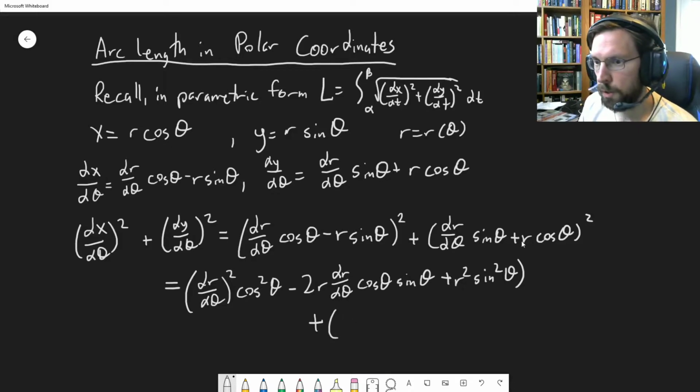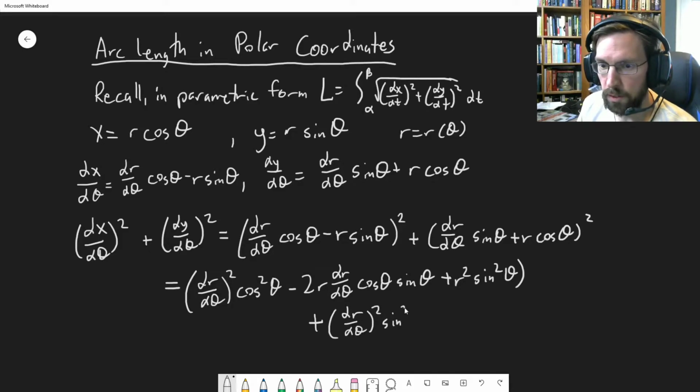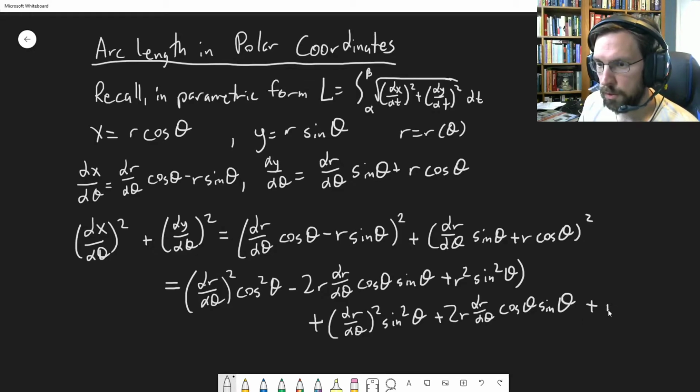Plus, let's FOIL out the second term. Then we're going to take (dr/d theta) squared sine squared theta, plus 2 r dr/d theta cosine theta sine theta, plus r squared cosine squared theta.